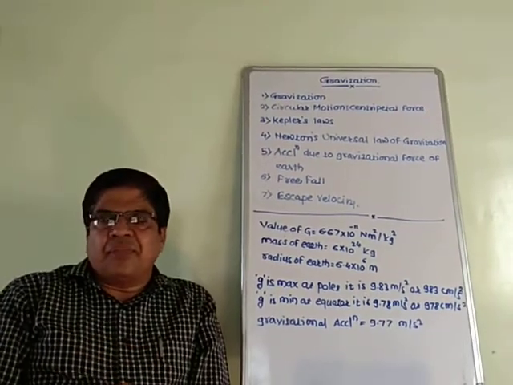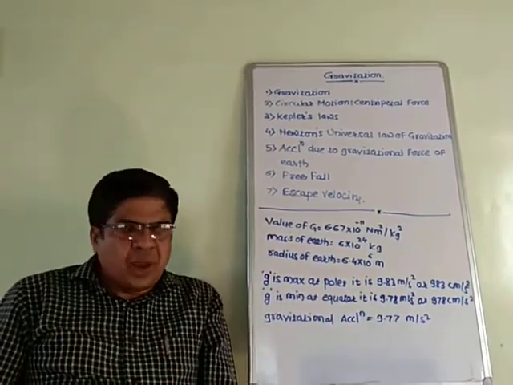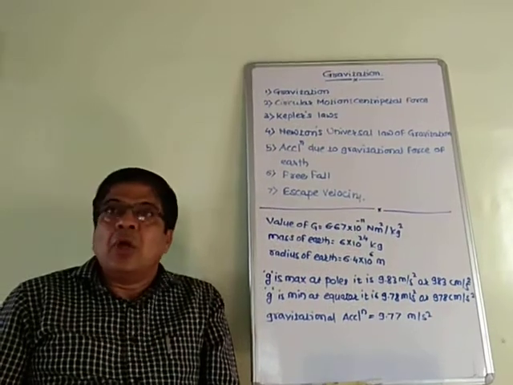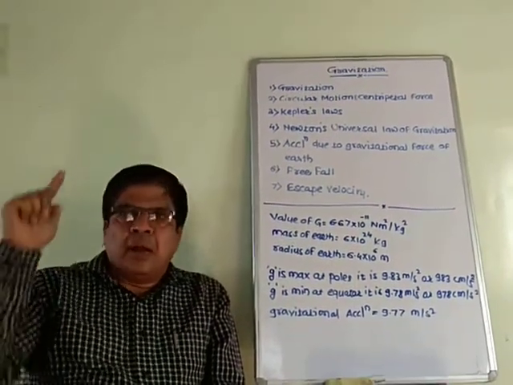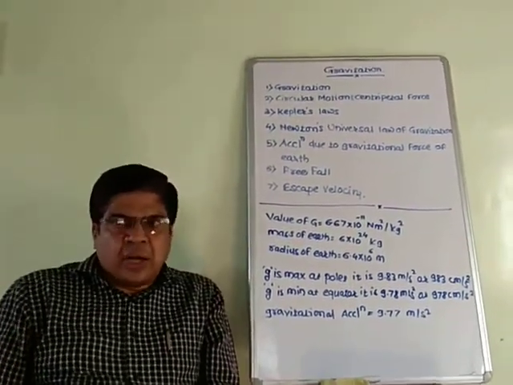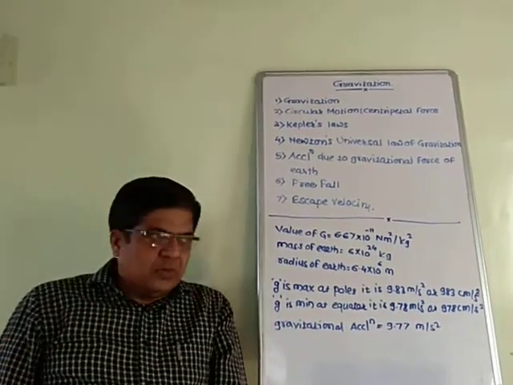What is gravitation? Gravitational force is an attracting force. How is it an attracting force? An object thrown upward comes back to the surface of the earth. That means the earth attracted the object.